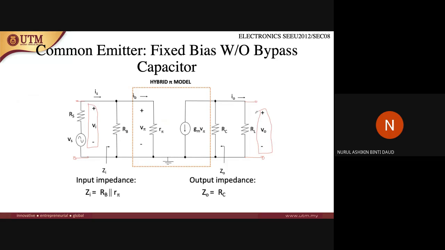First of all, after you redraw the circuit, we need to find the input impedance. What is the input impedance at this part? The input impedance is found after taking into account these two in parallel: RB parallel with R pi.